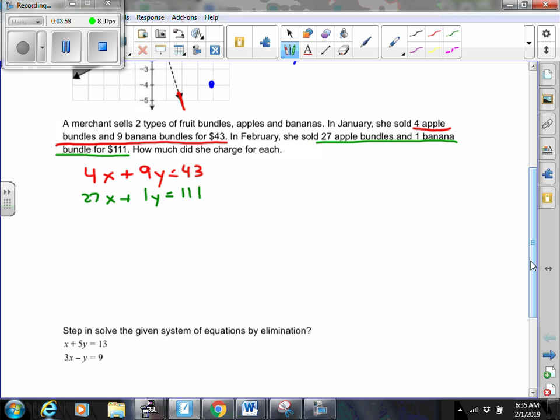Now we need to solve it. We've got our choices of ways of solving it. We can solve it by graphing, which means I'd have to solve both of these for y. I really don't want to solve that top one for y. The bottom one would be no problem. Or I can use substitution, which means I need to solve one of these for one of the 2 letters and plug it into the other equation.